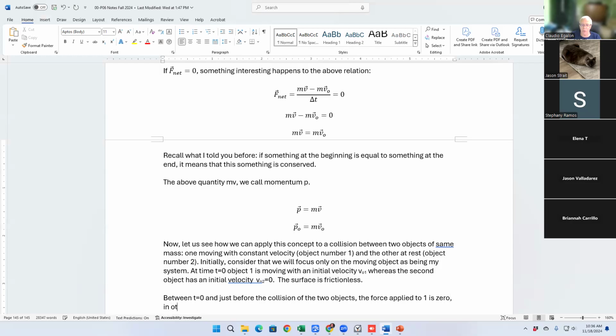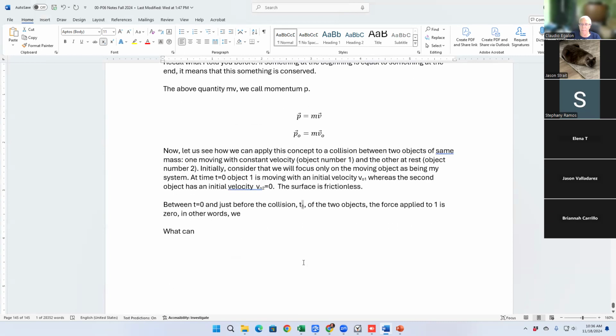In other words, just before the collision, let's call it T1, the total force applied to one is 0.